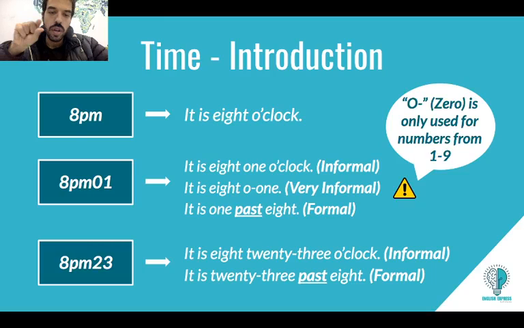Okay, so it is 1 past 8. It is 23 past 8. These two have the same format. Number, minutes, past, hour. Okay, so that's how we describe the formal way of talking about time. Okay, amazing.